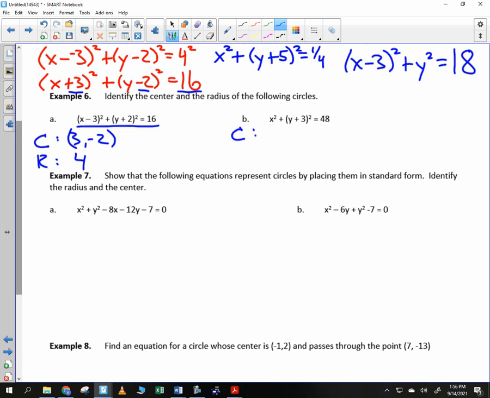What's the center here? 0. Good. And how about the radius? Square root of 48. Good. So square root of 16, square root of 3, so 4 roots of 3. Excellent. Not too bad, huh?